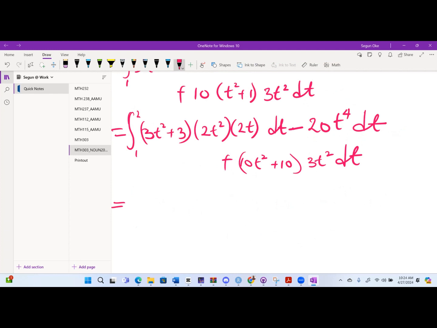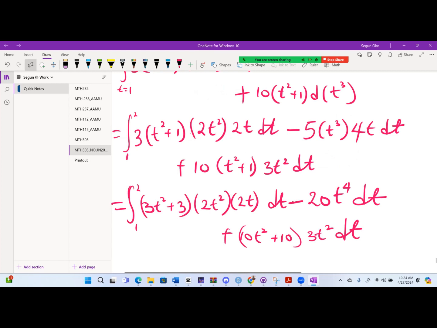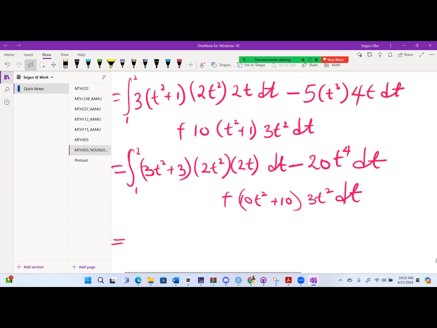I thought we are still supposed to work on the 2t squared times 2t. From the bracket of 3t squared plus 3, close the brackets, then open another bracket, 2t squared, close the bracket, 2t. The first one. I thought we are supposed to write 3t squared plus 3, close your brackets, then 4t cubed. It's still the same thing.